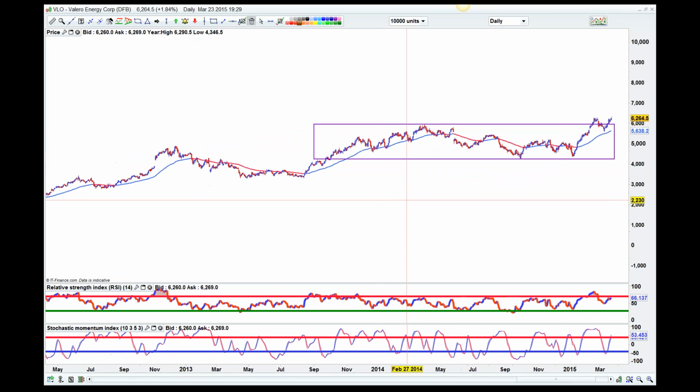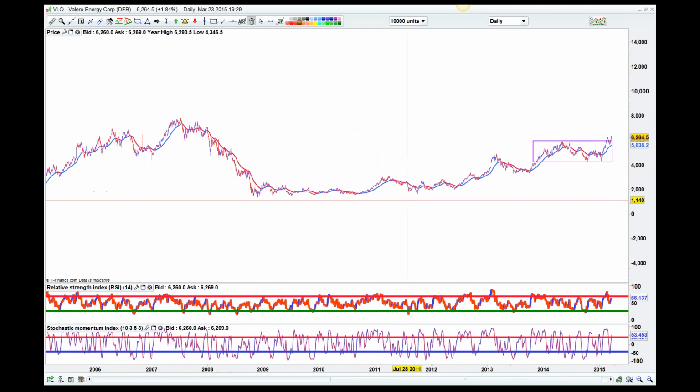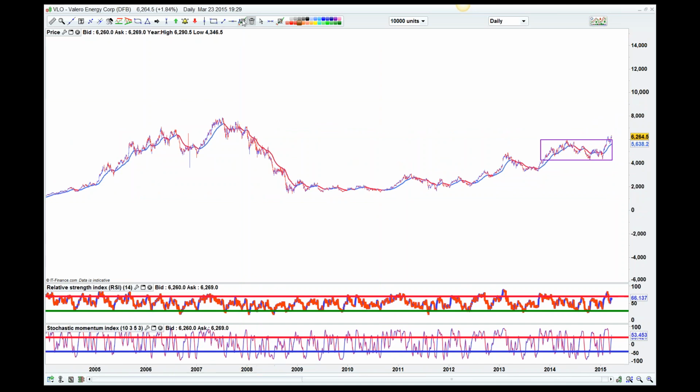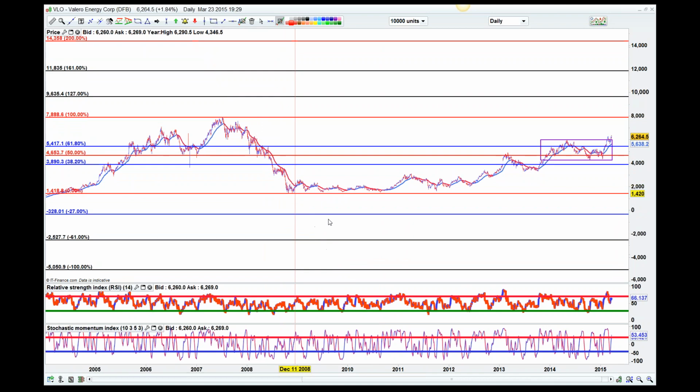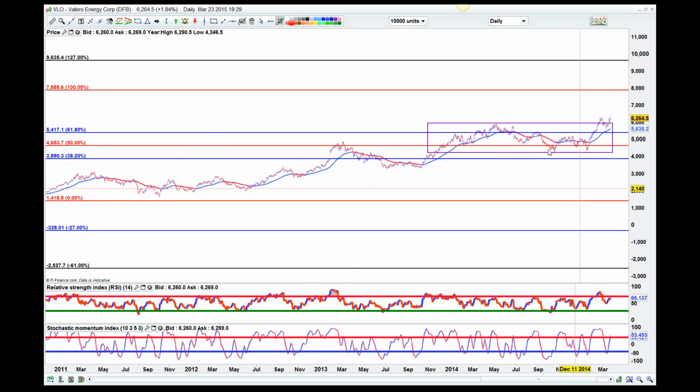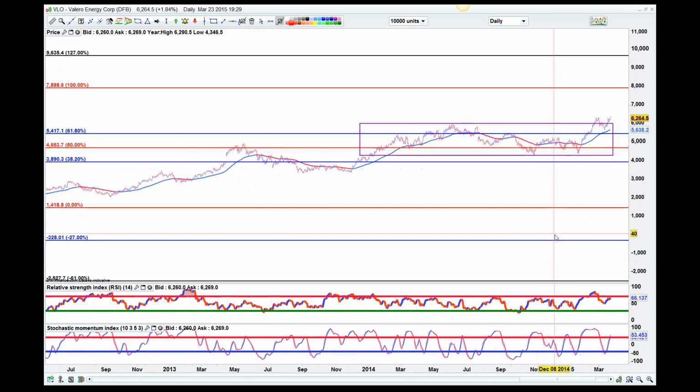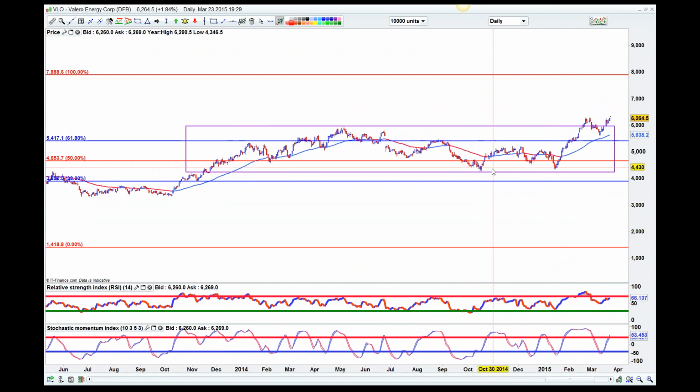If we step back from this one, we have history going right up to that level there. So we were actually just undershooting the 50 MA, 50% there.